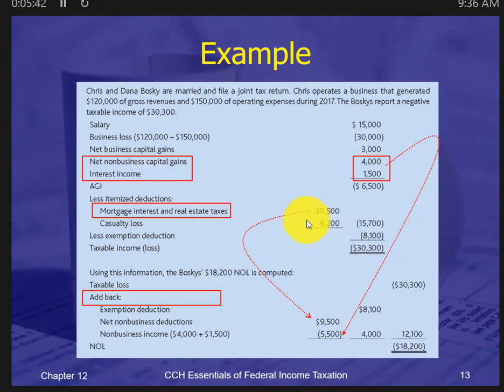And then all you do is find the casualty loss, which is the one non-business deduction you actually get to leave in there. So you got 15, -15, plus 3 is -12, minus the 6,200 equals the 18,200. So that's a second way to do it, to check, make sure you're thinking correctly, which will come to the same result as long as you do it correctly.